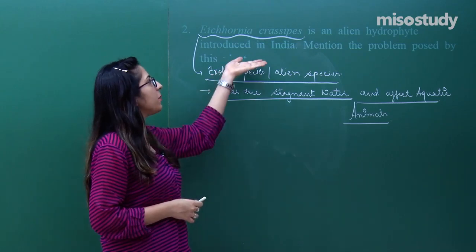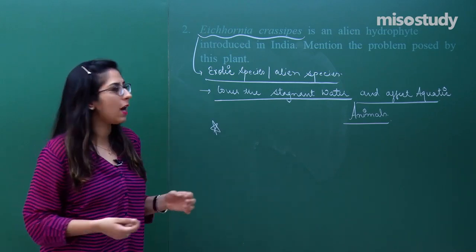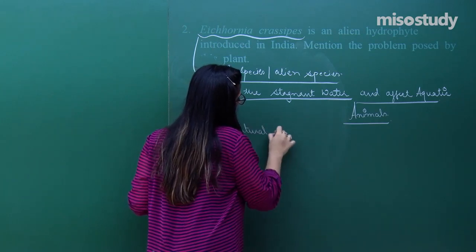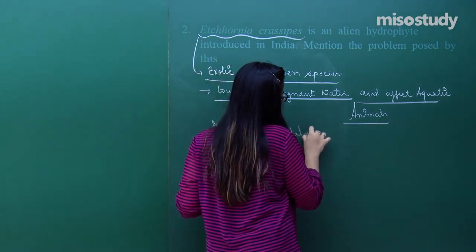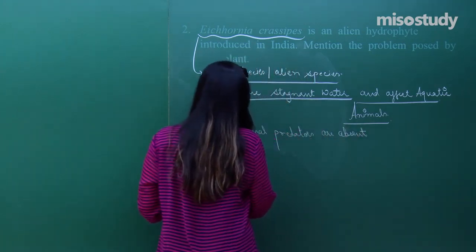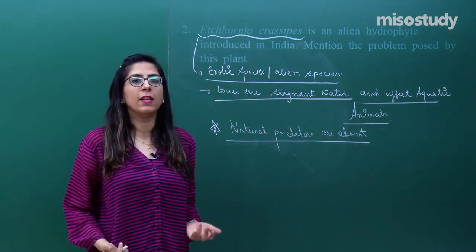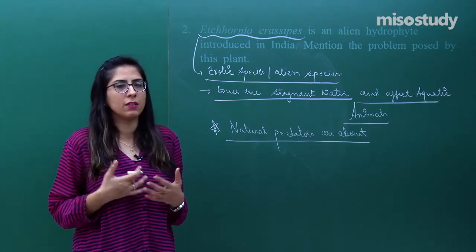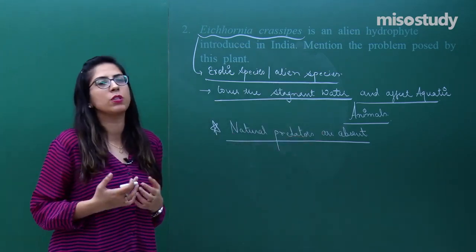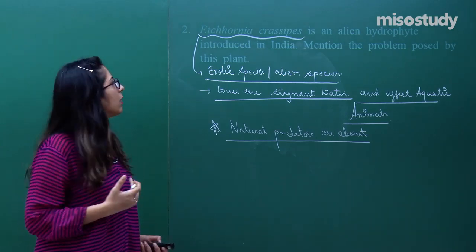In this case, because it is an exotic species introduced into India, the natural predators are absent. When natural predators are not there, they flourish at a very fast rate, and ultimately do not allow other aquatic animals and aquatic plants to grow. They consume the whole of the organic and inorganic products.